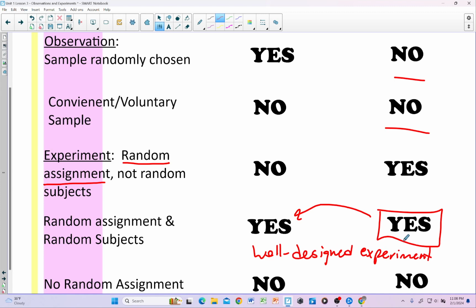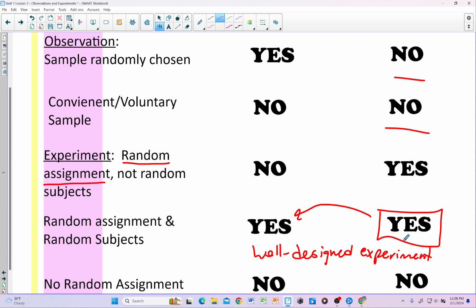Now, if you have random assignment, like you're able to take your population and randomly assign them to the different groups, but they're not random subjects. Let's say you got some volunteers, or let's say I'm doing an experiment just within stats class where you're not random, you're in my classroom.